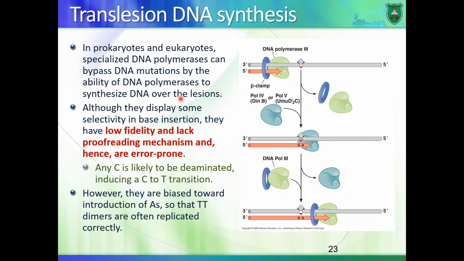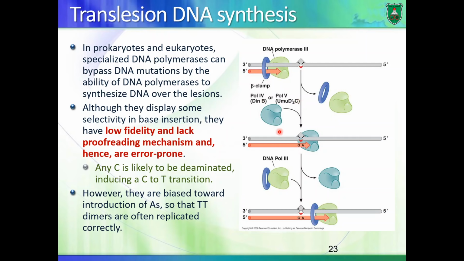What happens is that the DNA polymerase is released, and other DNA polymerases associate, like DNA polymerase 5 or 4. We talked about these polymerases briefly in the DNA replication lecture, and all we said about them is that they are involved in DNA repair. That's what they do.